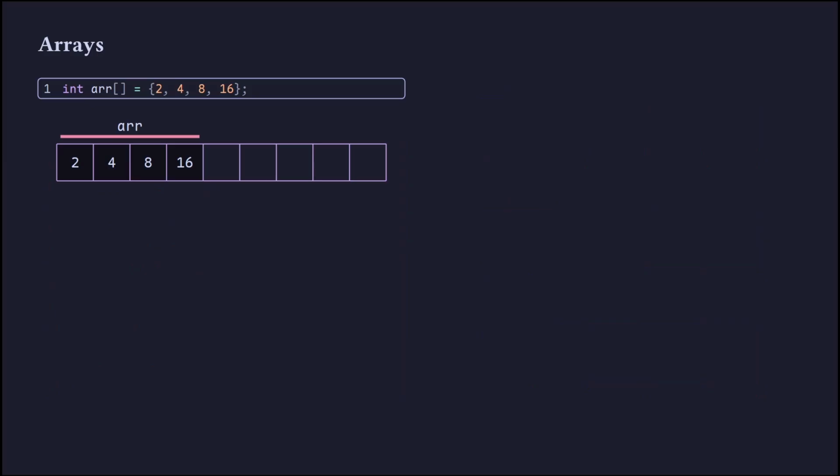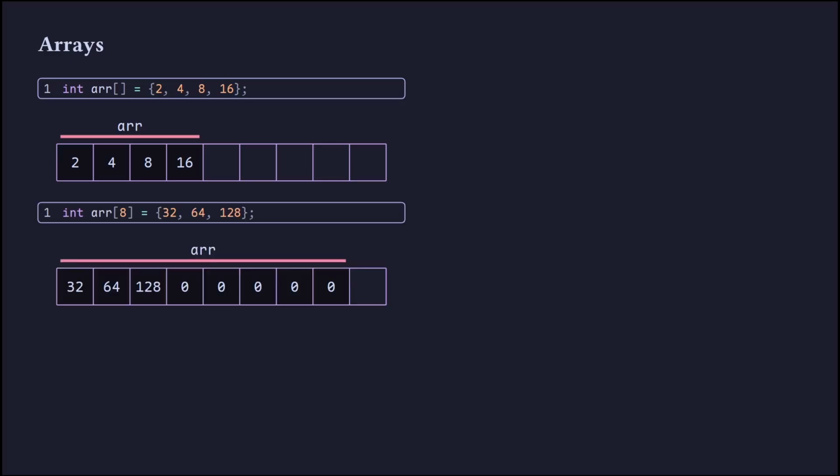Arrays are more or less big collections of cells. Each item of an array you should think of as having its own cell, and then an array spanning all of those cells as a kind of marker of that. In this case, we're using set notation to assign values to it. Now, arrays are fixed length, meaning that we can't just add more elements to it than we've allocated space for.